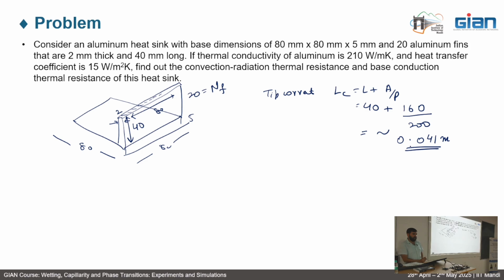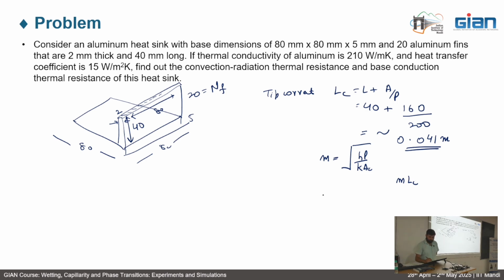Now when we do the edge end correction, we assume that this is an adiabatic tip, right? So then in that case we can simply find M. M is the square root of HP by KAC, and then we can find M into LC, and if we take the tan hyperbolic of this M into LC, we'll find the efficiency of the fin.